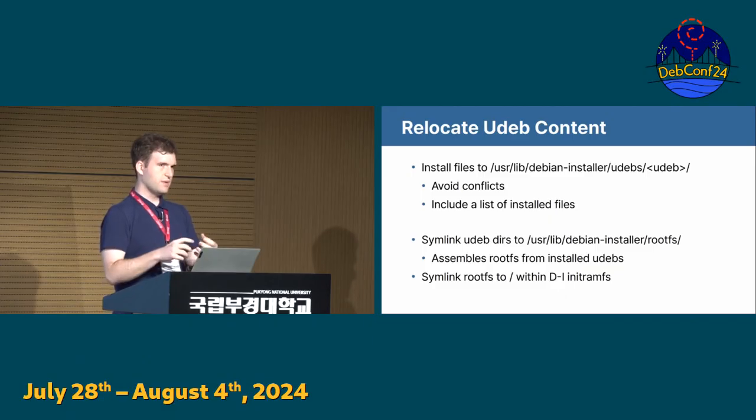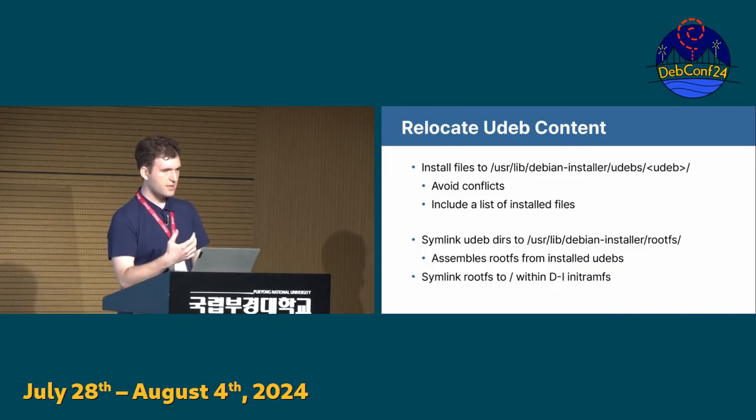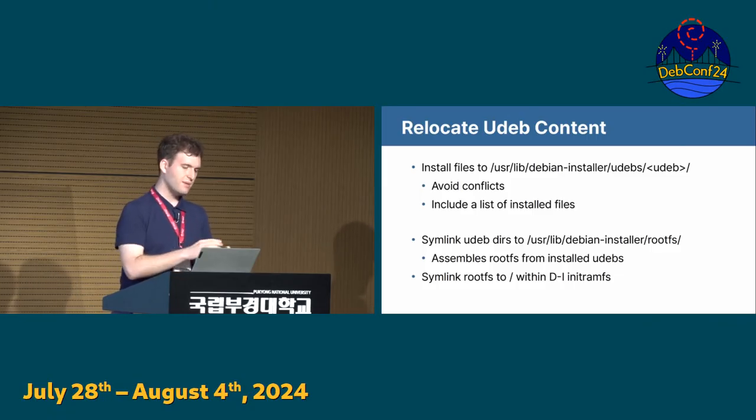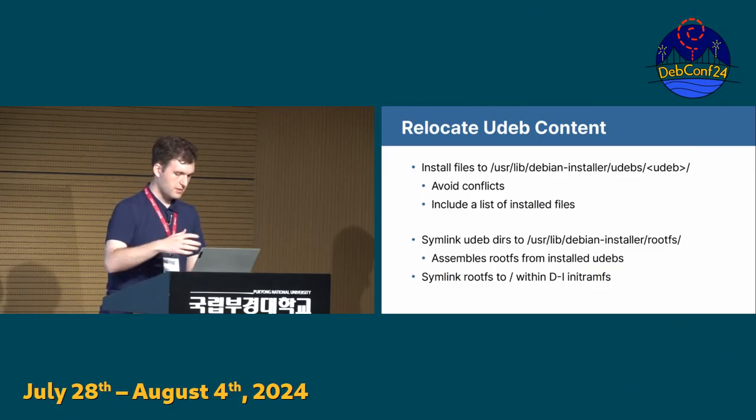So we need to resolve that conflict, and we also need to resolve conflicts between different udebs that might provide the same thing. So I'm thinking we could move them into a Debian installer udebs/package directory, so all of them are guaranteed to not conflict.